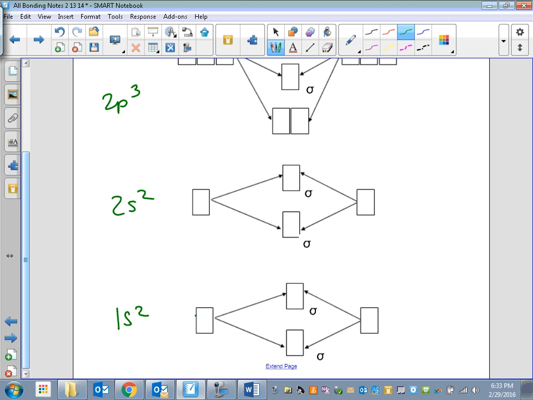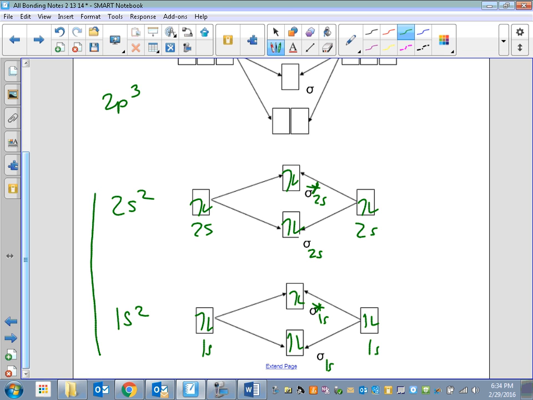So we'll quickly go through 1s2 and push those into the sigma 1s, sigma star 1s, then 2s2, push them into the sigma 2s and sigma star 2s, just filling them up from bottom, low energy. Remember, this is low energy to high energy.